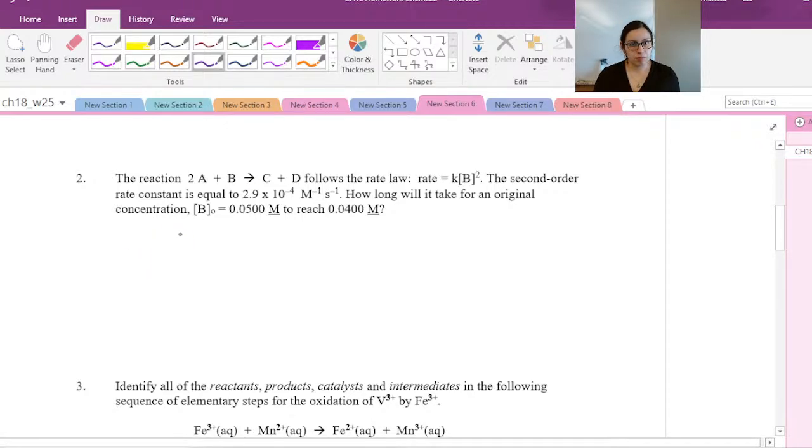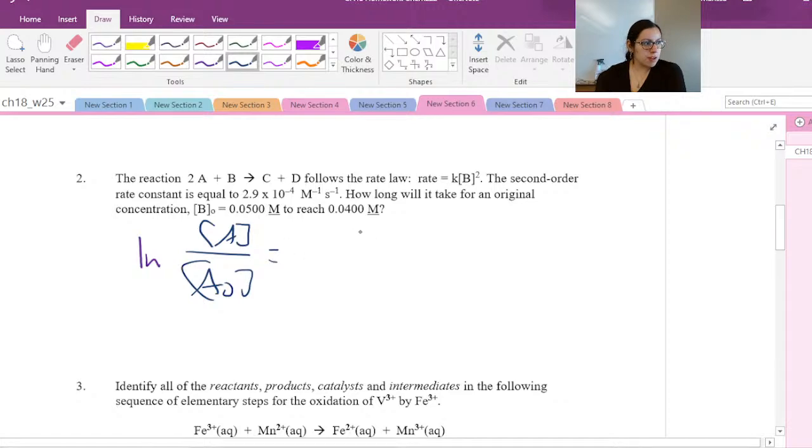The natural log of A desired over A initial equals negative kt. So A at time t over A naught is equal to negative kt. Correct. I think you could flip it and have kt, but either way.